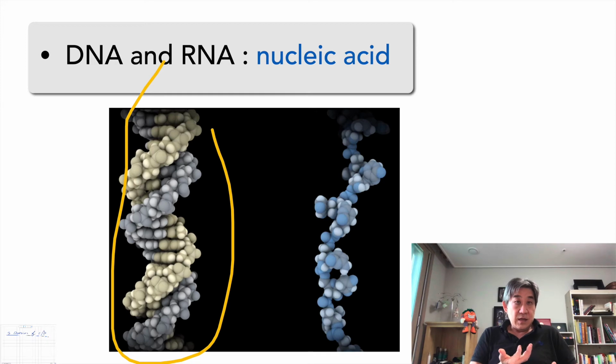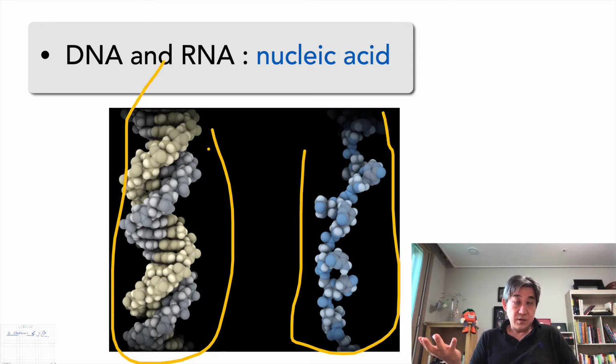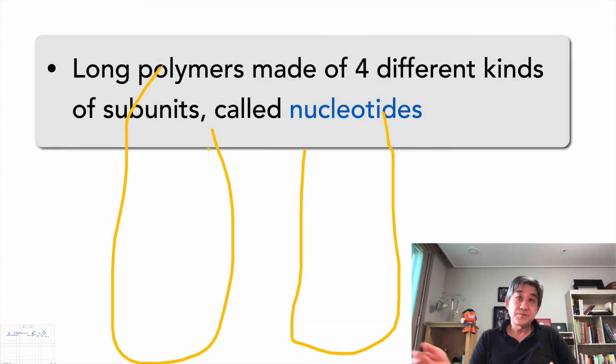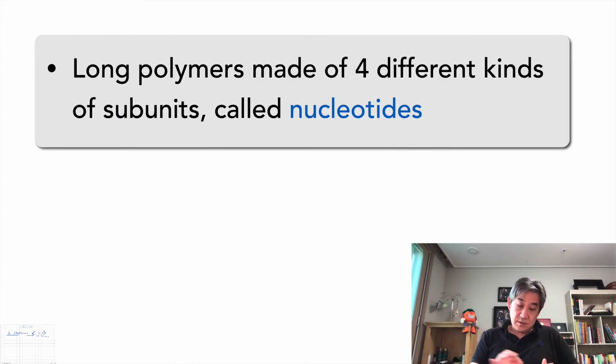Here they are described in two different colors, one in gray and the other in yellow or ivory. Whereas RNA usually exists as a single-stranded molecule. So the nature of being able to exist in a double-strand form is actually the key essence of the capability of self-replication.